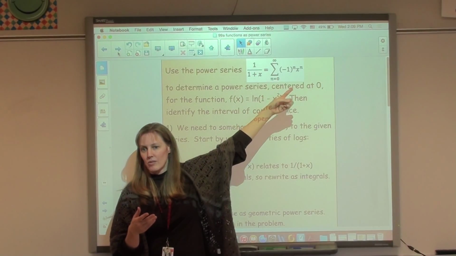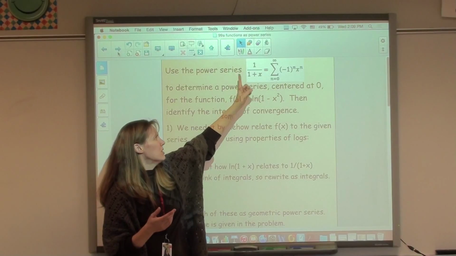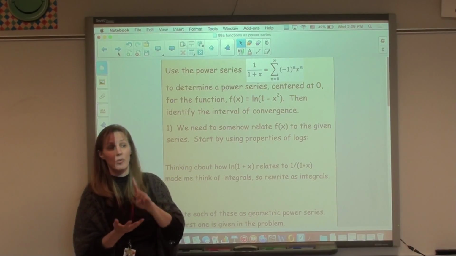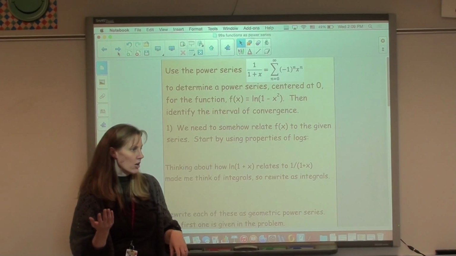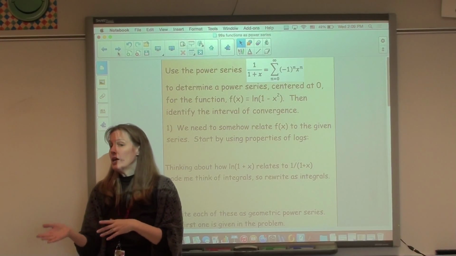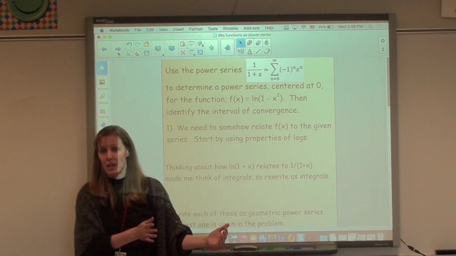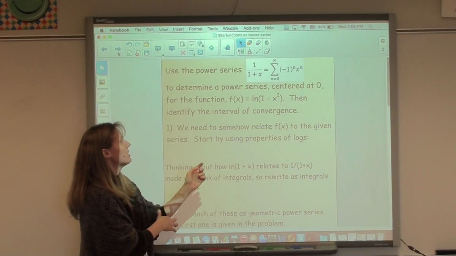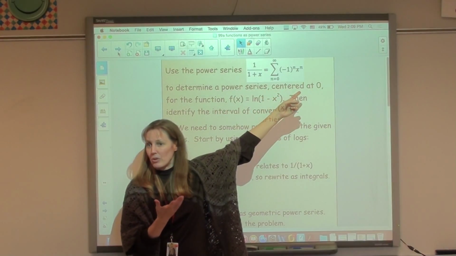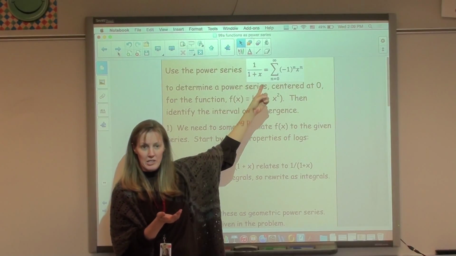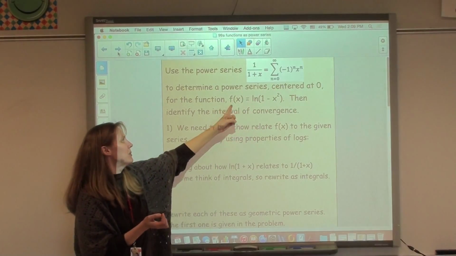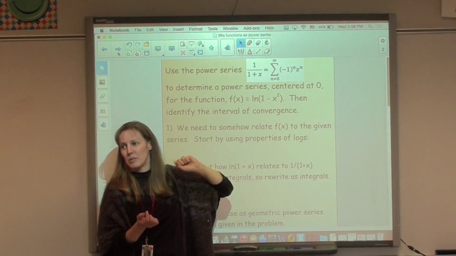That's what this is, right? There's tons of these, and it's not just 1 over 1 plus x. You could do it with e to the x, sine x, arctan x. There's all kinds of ways that you can take a function and convert it to a series. Here, we're going to be given a series that we know, something simple that we did using the a over 1 minus r technique, and we're going to use this to rewrite a more complicated function using sigma notation.